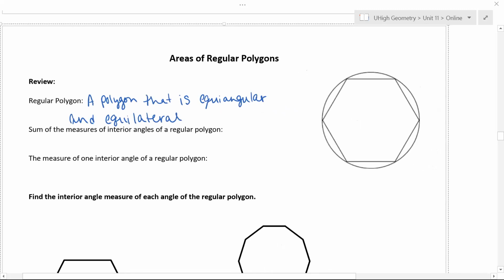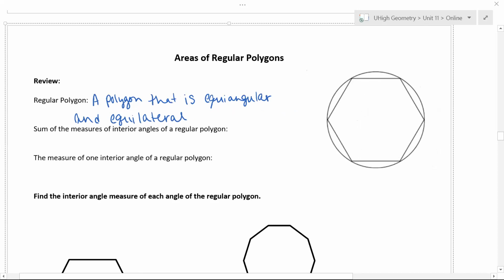These two words are maybe a little funky, but remember, equiangular just means that all of my angles are congruent. Equilateral just means all of my sides are congruent.